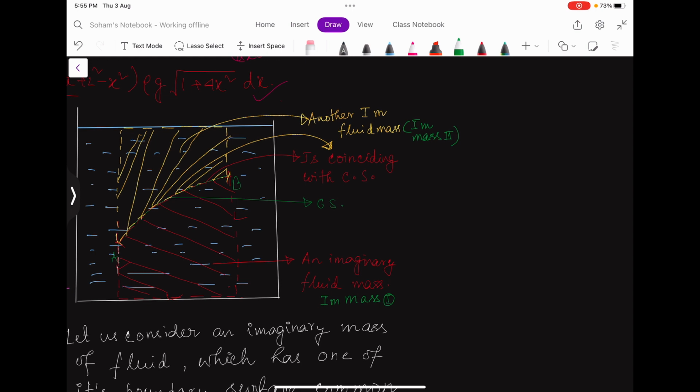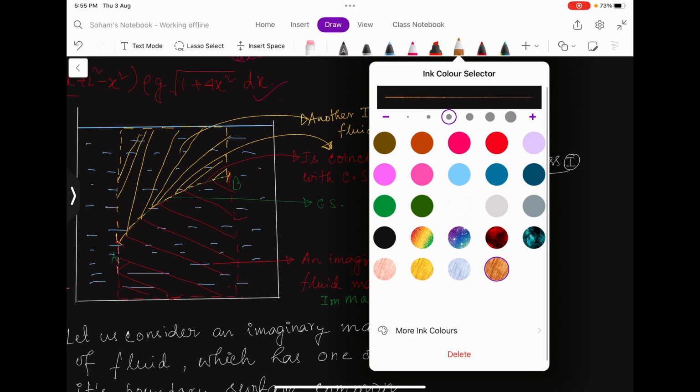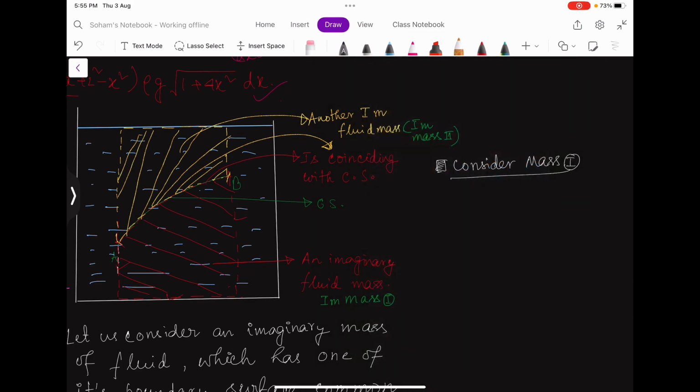Firstly, consider mass 1. Then I can say that the force on the curved surface by fluid is equal to minus the force on fluid mass 1 by the control surface, right?